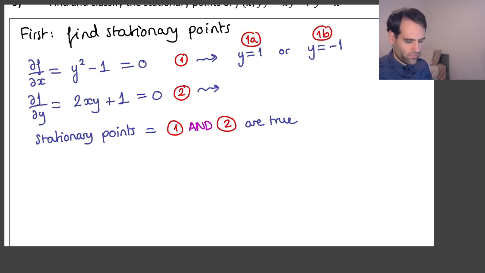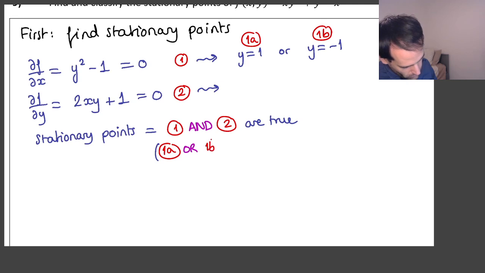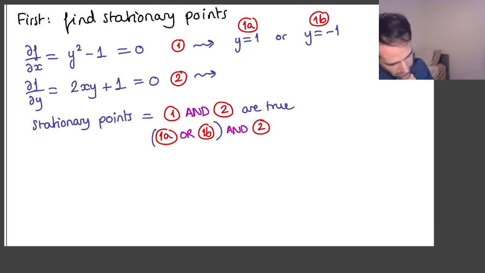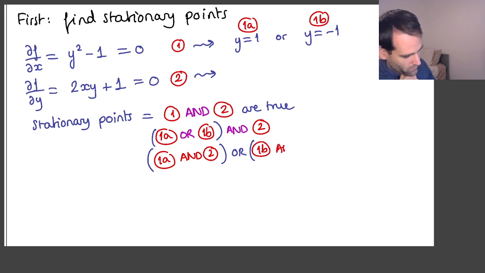Either of them can be true, which means 1a or 1b must be true, and 2 still has to be true. So we have to check if 1a and 2 are true, which is one possibility, or if 1b and 2 are true, which is another possibility.